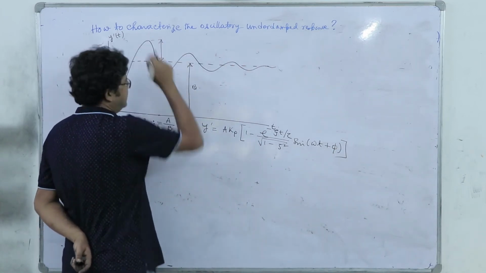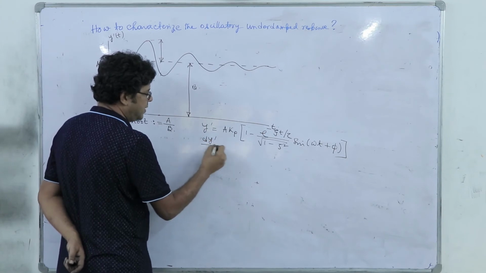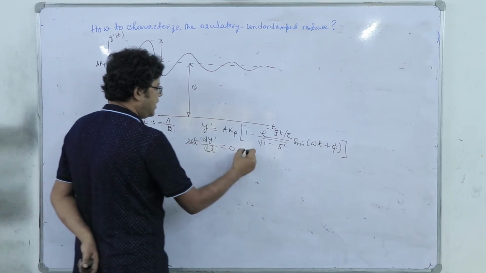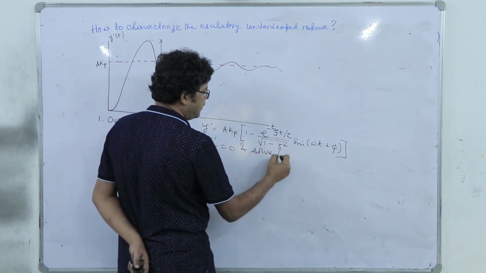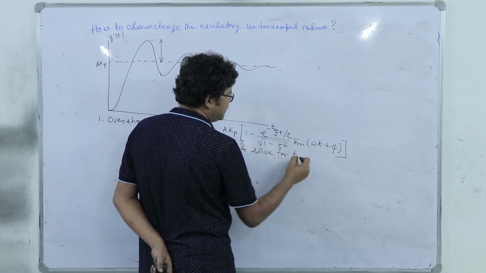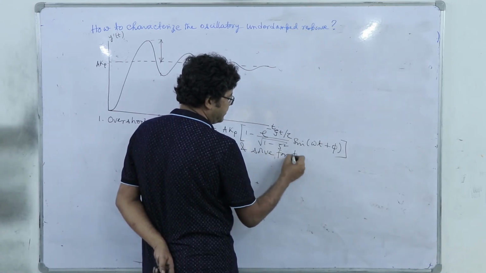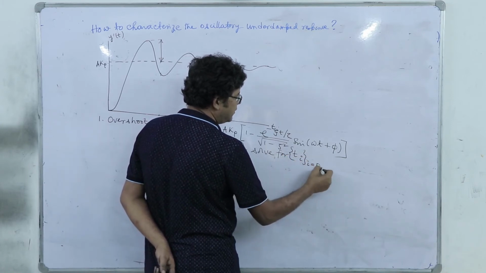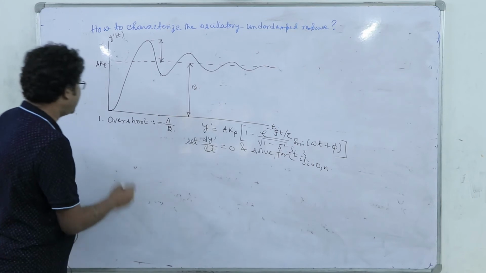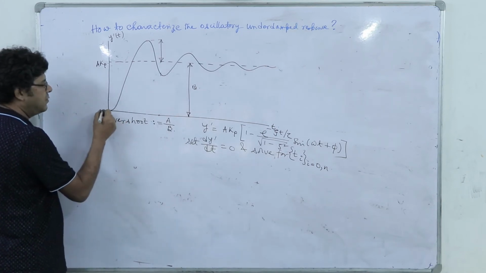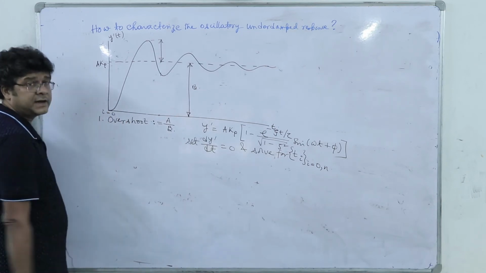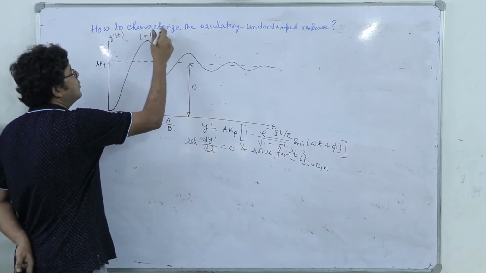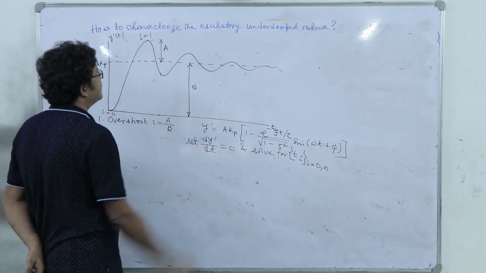So, this is the maxima. So, what is the condition of maxima? We will set dy prime by dt equal to 0 and solve for t. Actually, it is a multiple solution, t i rather, i equal to 0 to n, right. So, i equal to 0 definitely is the value because this is the first point at which this dy prime by dt is 0. So, i equal to 1 is the value which corroborates with this A, right.